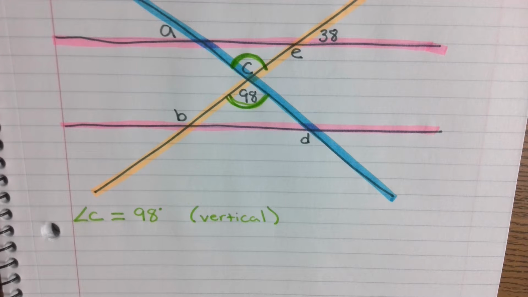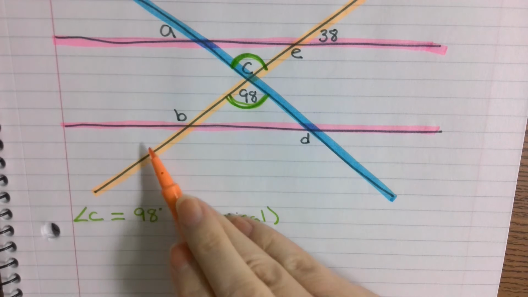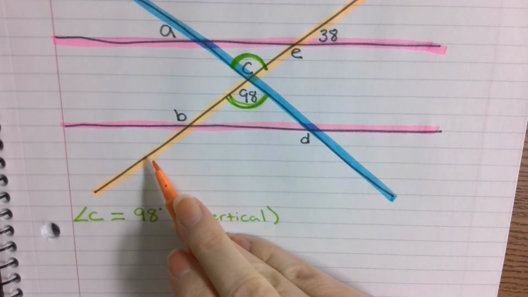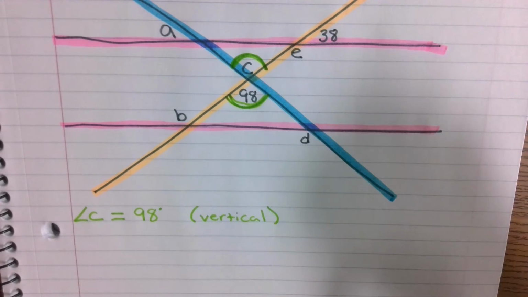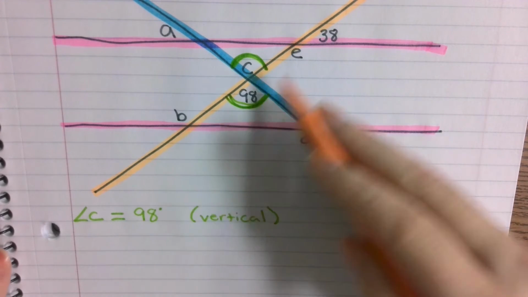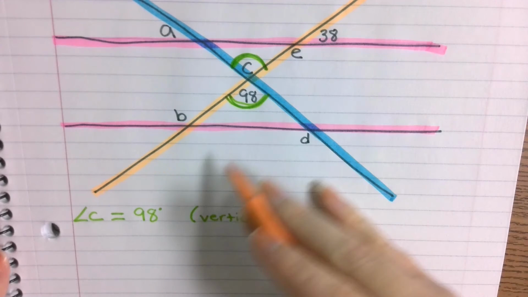Now, I'm going to focus on using my orange because I'm going to solve everything that is along my orange transversal. So I'm going to do all these side notes in orange, because I'm going to solve for the things that are on my orange transversal line.